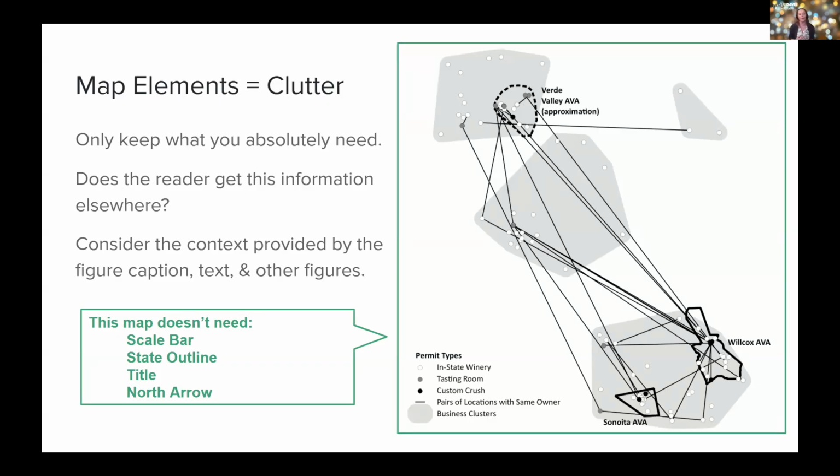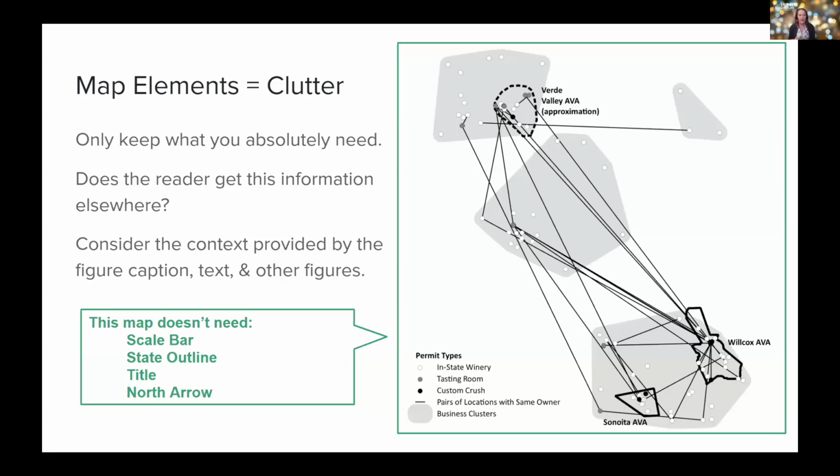So we're only going to keep what we absolutely need in our maps, and figure out, does the reader get this information somewhere else? And consider the context of the map itself. Is there more information in the text, if this map is going inside of a report or inside of a book chapter, for example? Does it get context from that text that someone's going to be reading and then referring to the map?